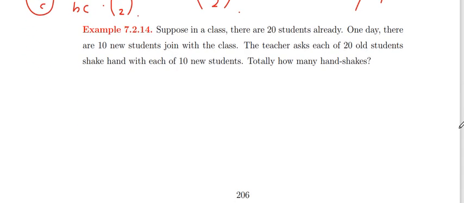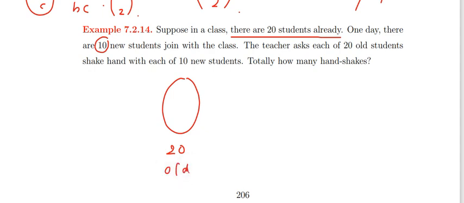So now consider this problem. Suppose in a class there are 20 students already. One day, 10 new students joined the class. So here we split students into 2 parts. We have 20 students, those are all the old students, right?